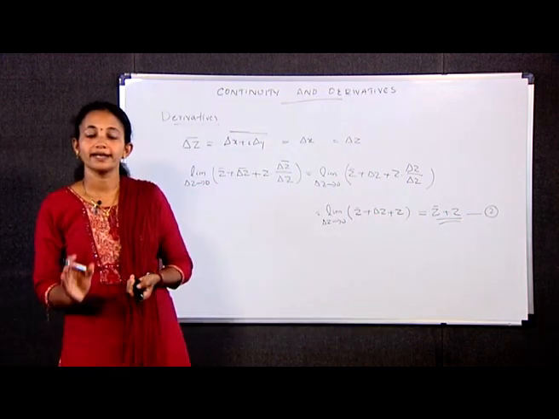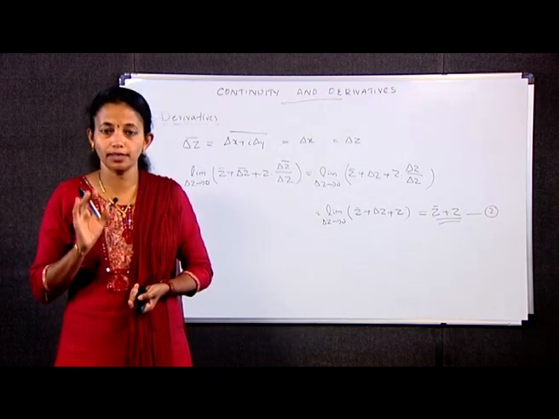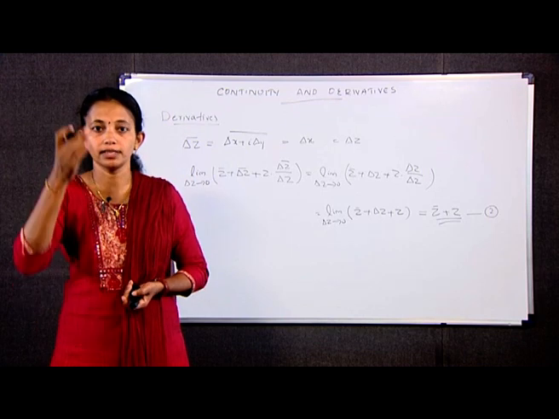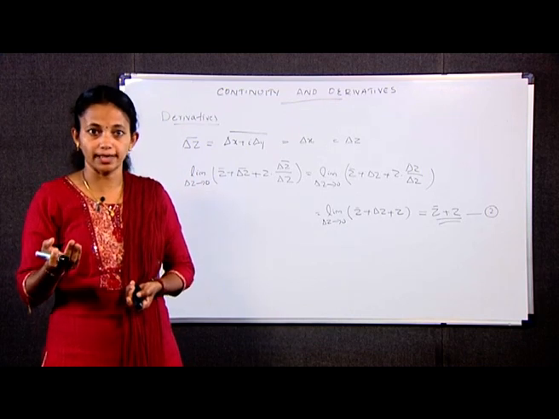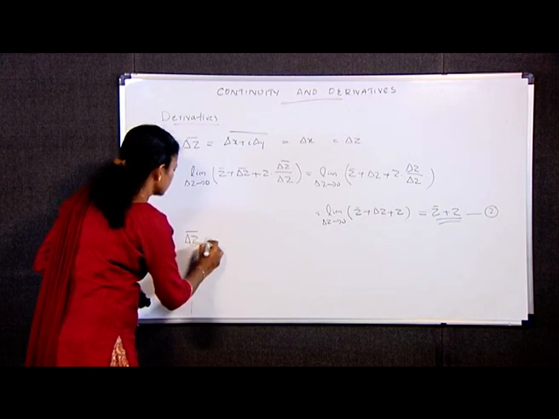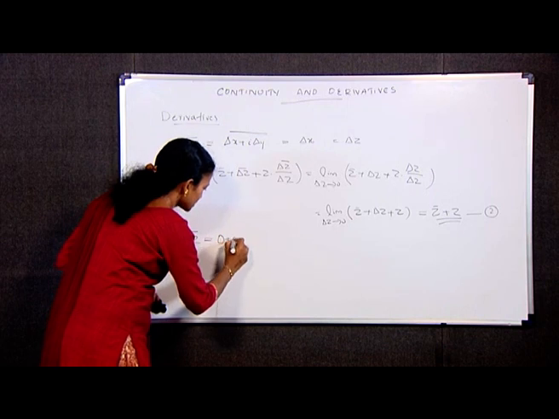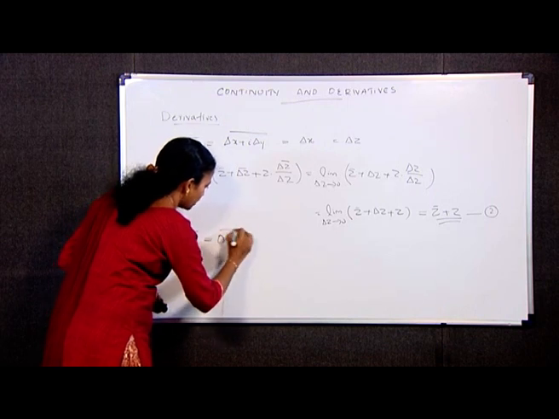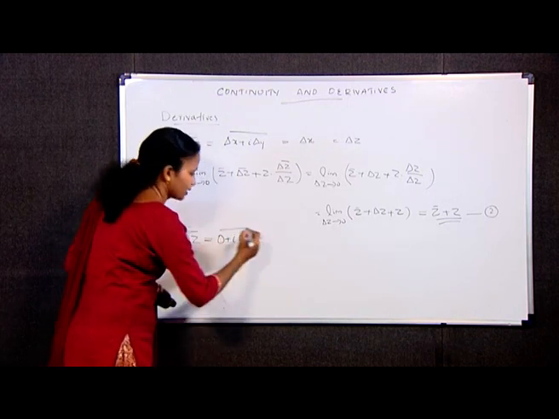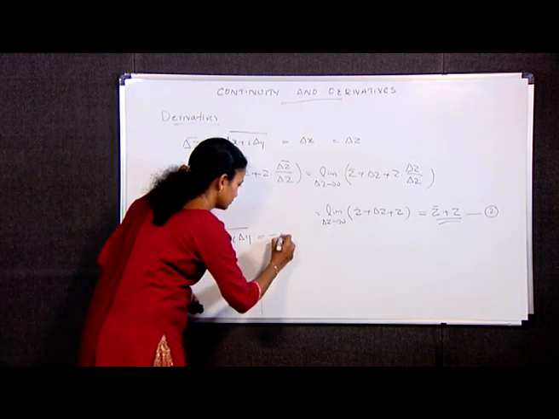However, when delta z approaches the origin vertically through the points (0, delta y) on the imaginary axis, we have delta z bar equal to 0 plus i delta y conjugate, which is equal to minus delta z.